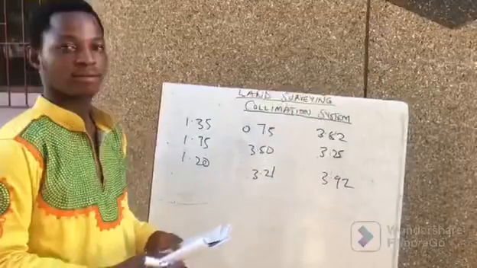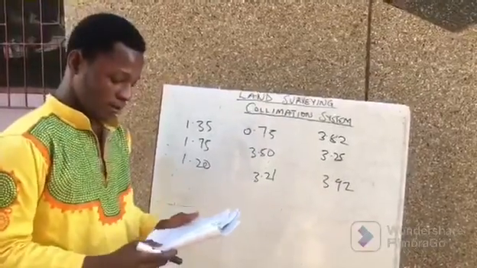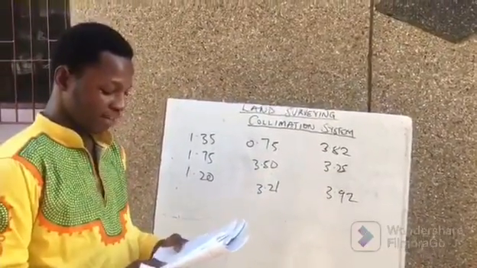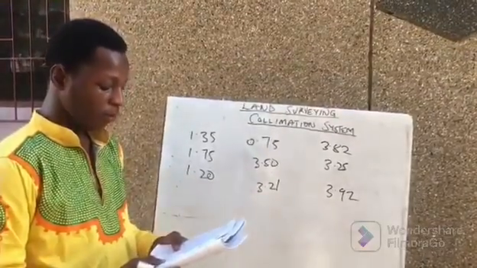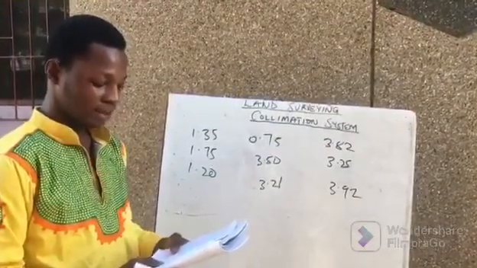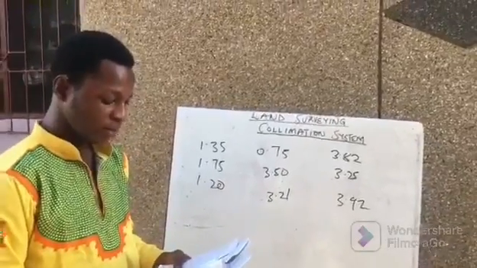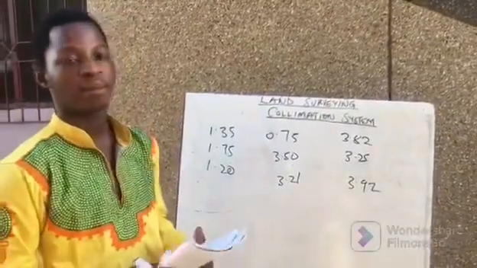The reduced level of the first point is 300 meters. Make up a double book and calculate the reduced level of the points using the collimation system.